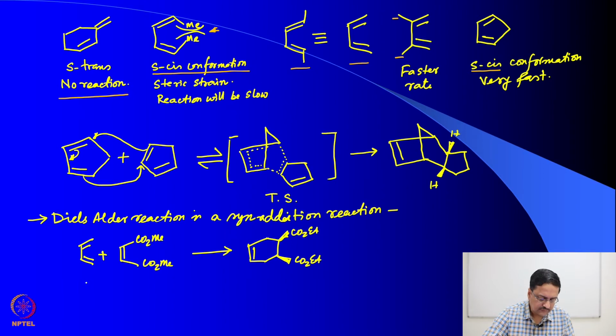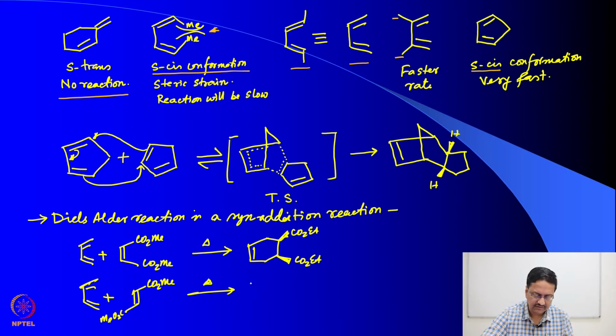and if we use the same butadiene with the trans diester under the same conditions of heat, the product that you would get would be a trans ester.